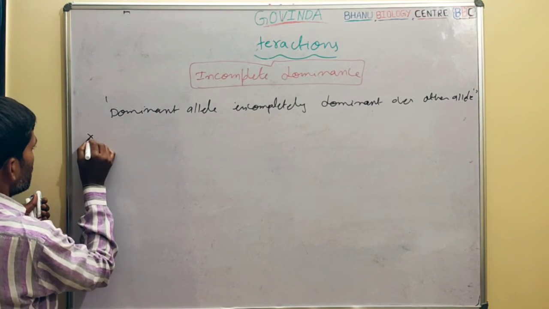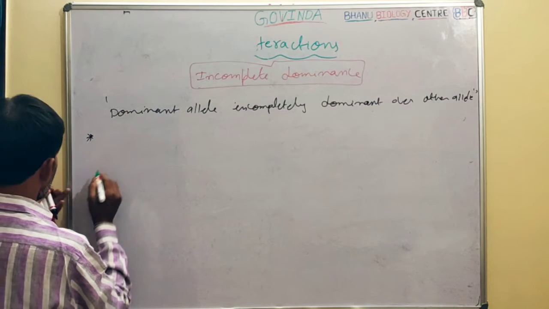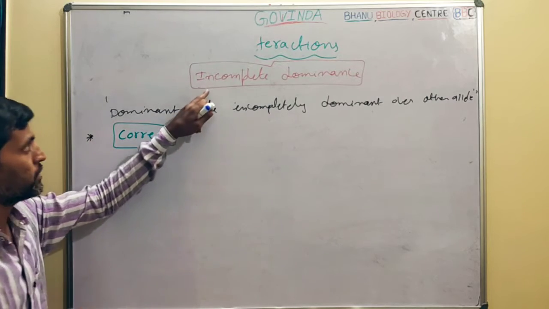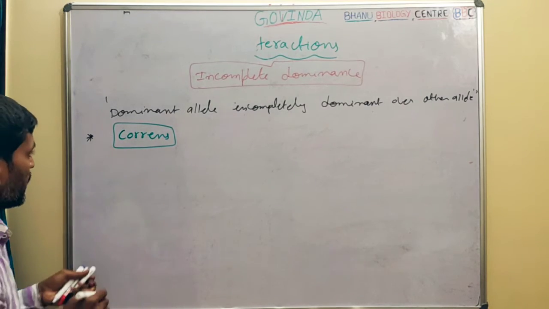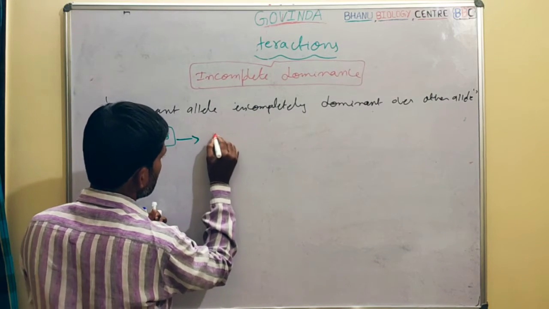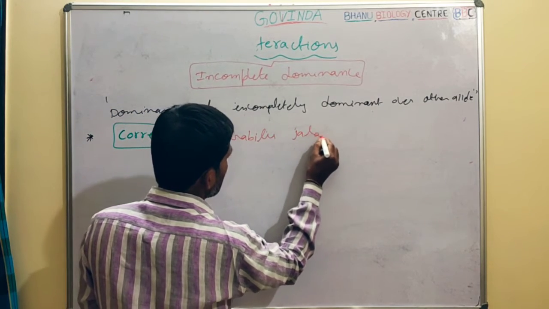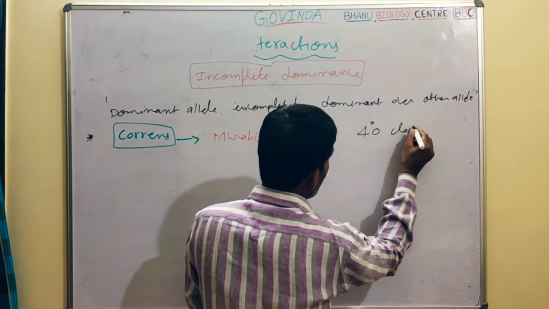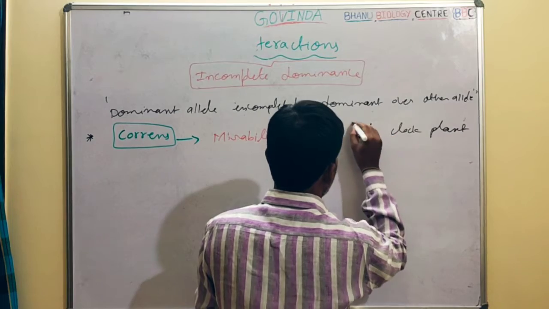This concept was first explained by the scientist Correns, who did experiments in the plant Mirabilis jalapa, also called the four o'clock plant.